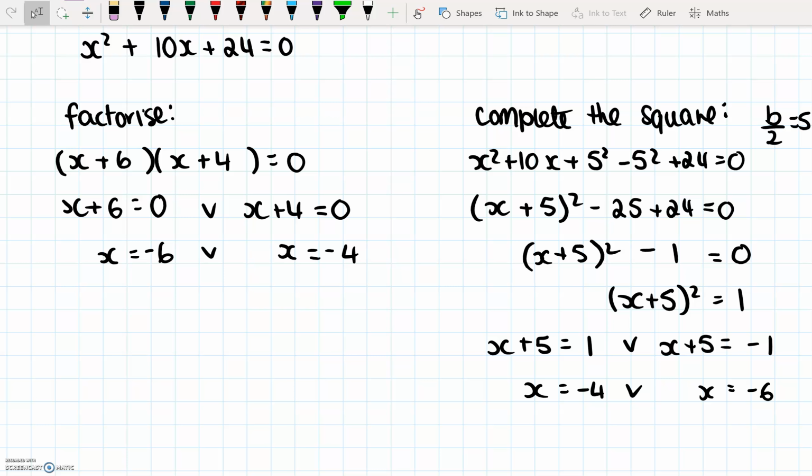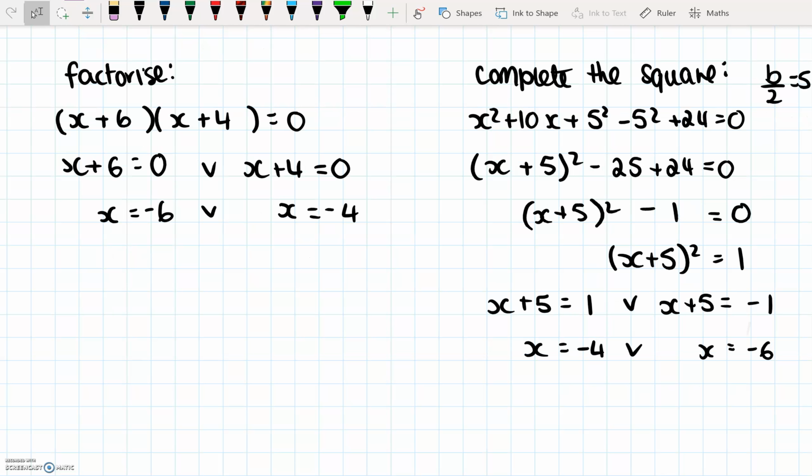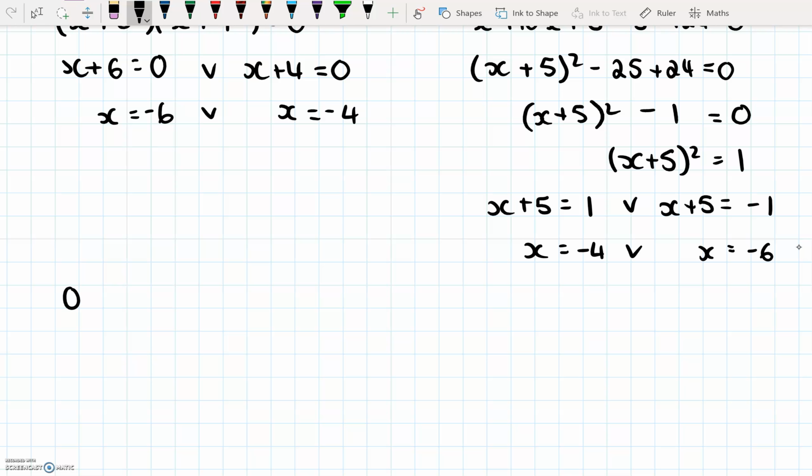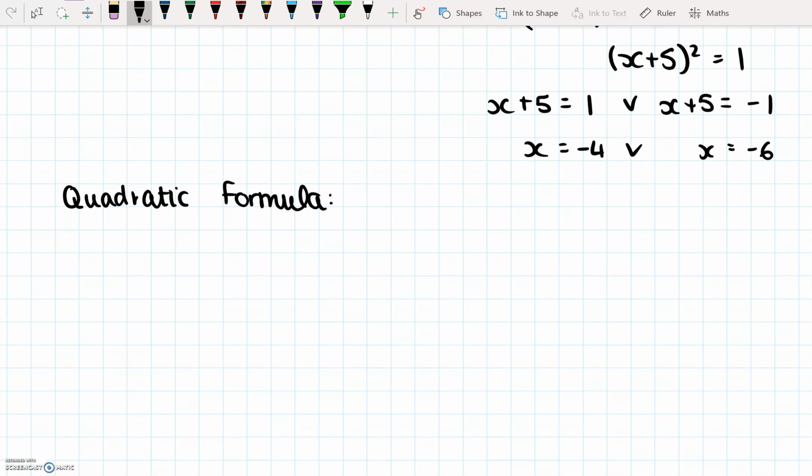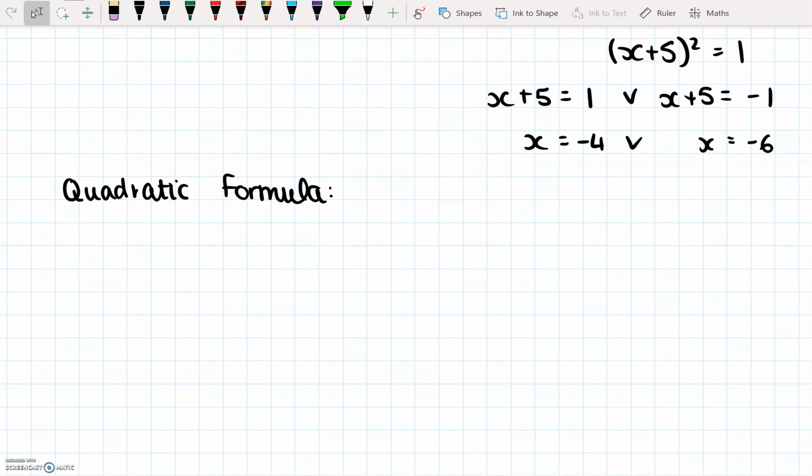Now, there is also another method, and that's using what we call the quadratic formula. So we're going to look now quickly at the quadratic formula. You will just need to learn this formula from your head, and it's important that you learn it as soon as possible, otherwise you're going to have problems.